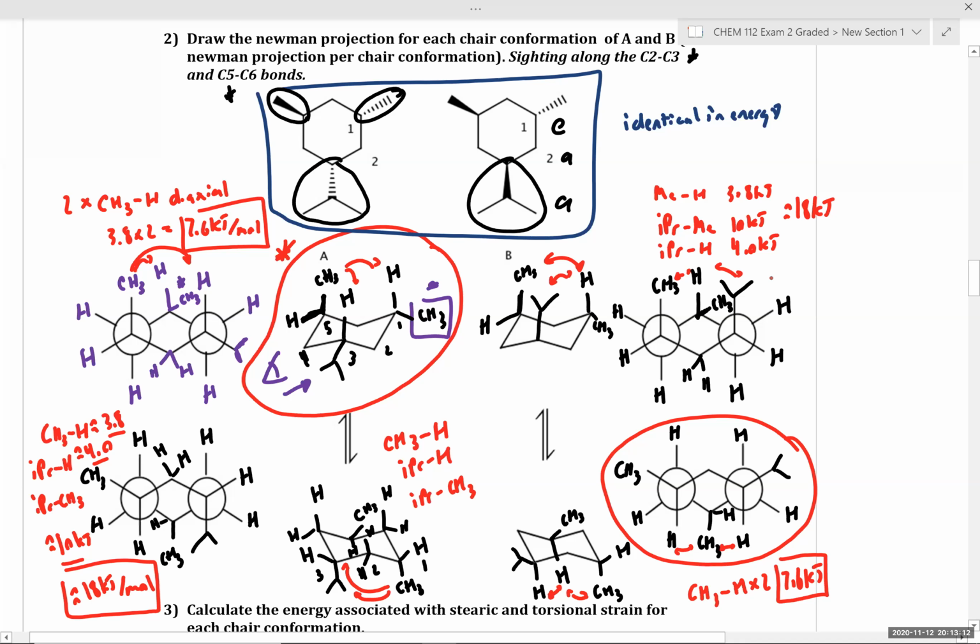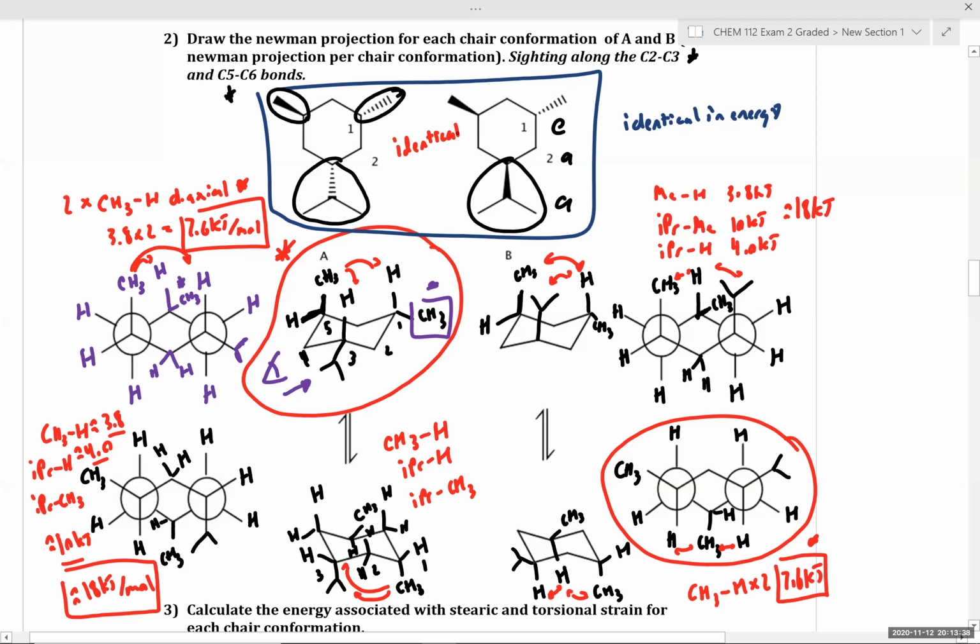Now, if we compare these two structures and these two chair conformations, would we expect their energies to be the same or different? Looking at our calculated values, are they the same or different? They're the same. That's because these two compounds, if you're paying really close attention, are identical.